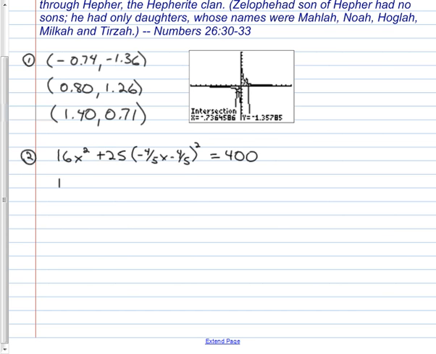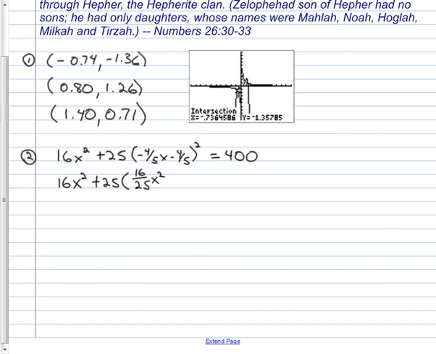I need to square out that beautiful thing out there. 16x squared plus 25 times. You remember how we square binomials? Square the first term, which would give us what? 16/25 x squared. Then we multiply them together times 2.